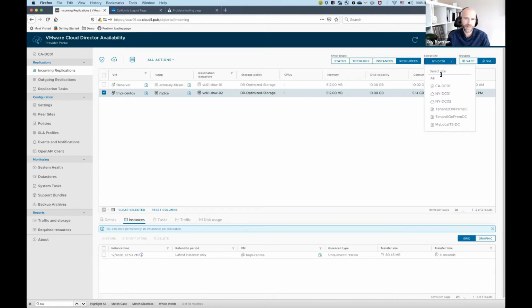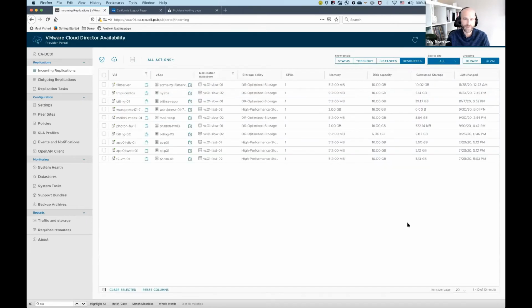So the way that Cloud Director Availability works is we replicate constantly on the RPO schedule, and we replicate to an independent disk. When you do a failover, what we're going to actually do is take from the VCD storage policy that's in place for that org VDC the disk capacity resource, and we're going to say that disk capacity resource, that 10 gig, is now assigned to that VM.